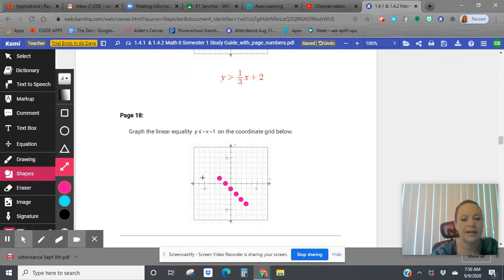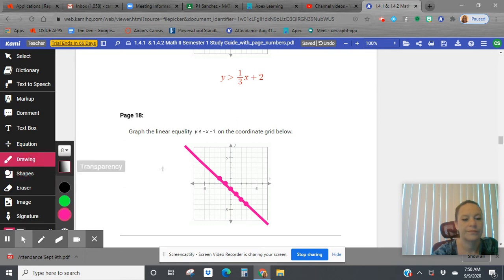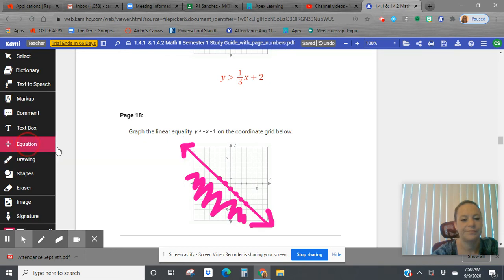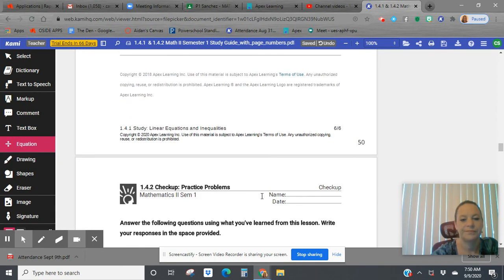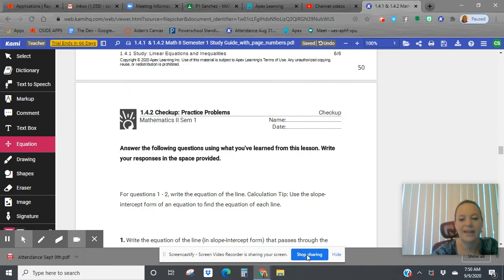So I am going to make that line a nice solid line. And then I'm going to shade less than that line. And that's the end of our notes.